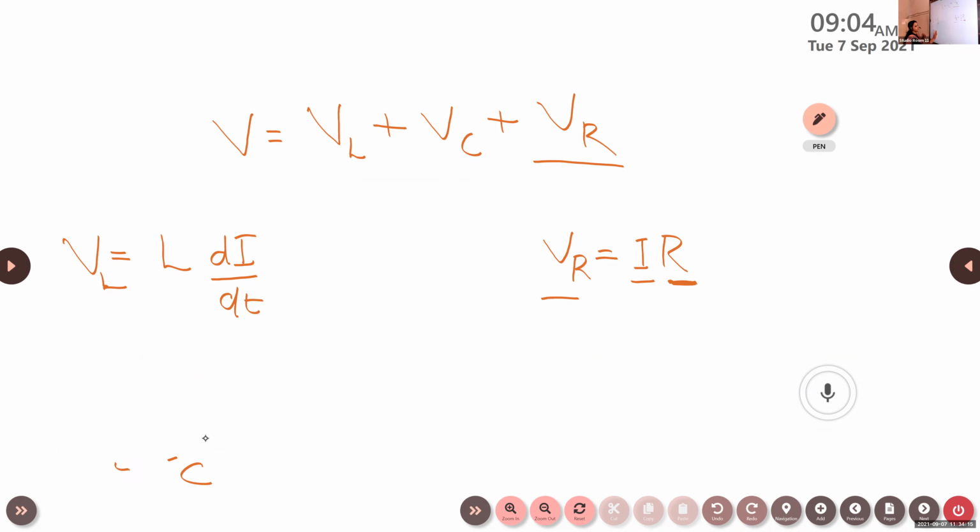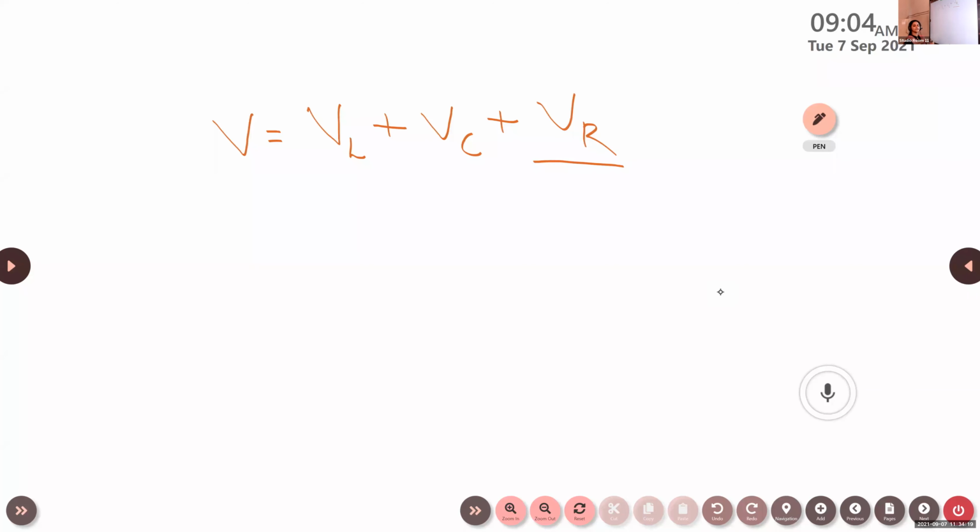Okay, so here we can substitute all these expressions into this equation. By applying Kirchhoff's laws, we have V is equal to VL plus VC plus VR. Give this equation number 1.